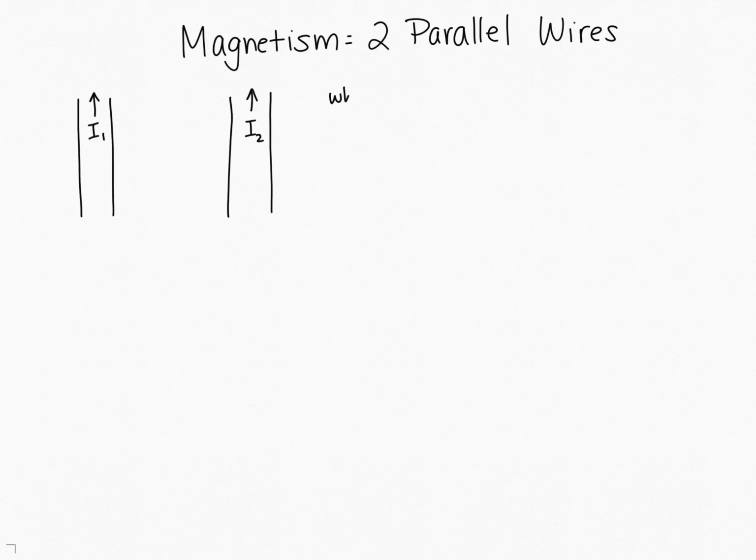Now we want to consider what force does I2 exert on I1? Because with any current or moving charge, we're going to have a magnetic field. By using the right-hand rule, we can see that the magnetic field will run in this direction, namely on the right side of wire number 2, it's going to go into the page.